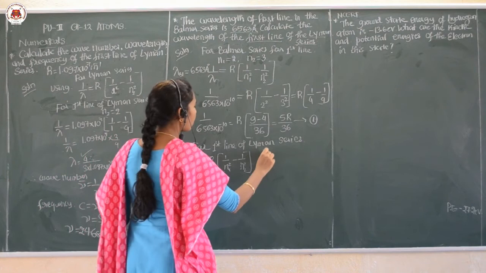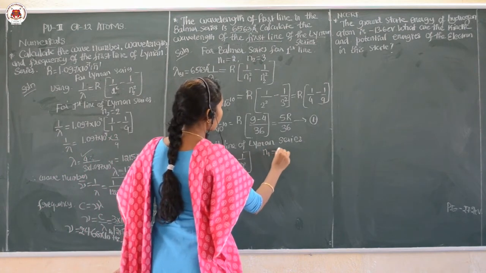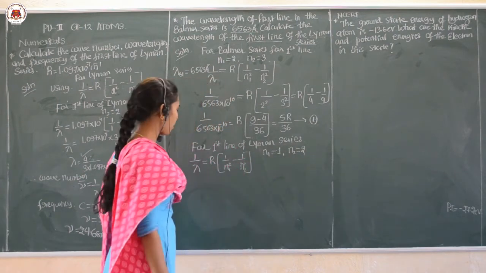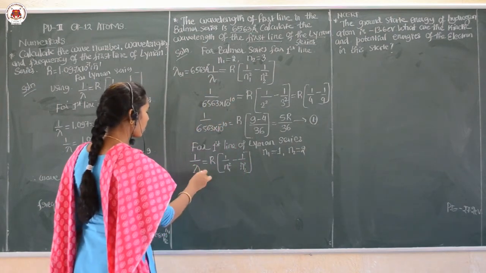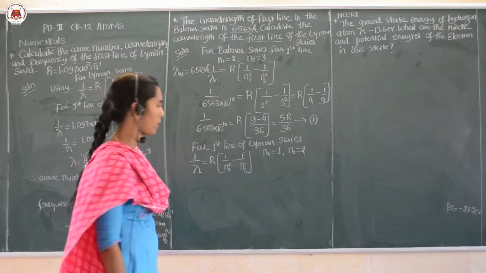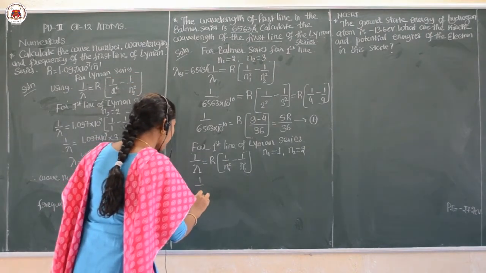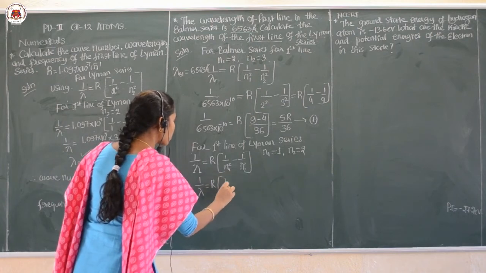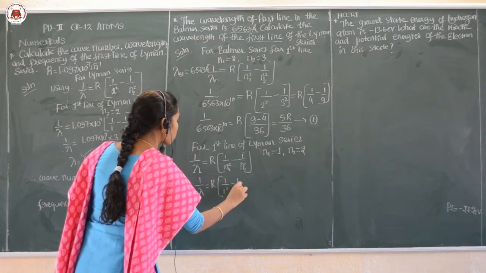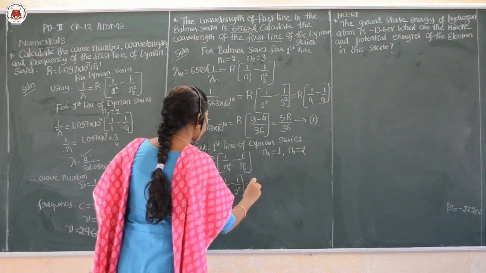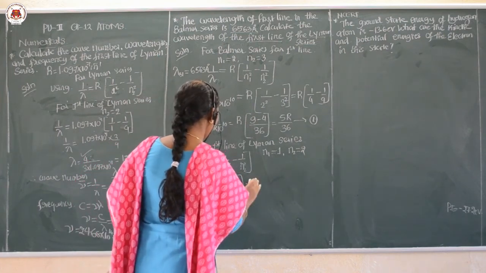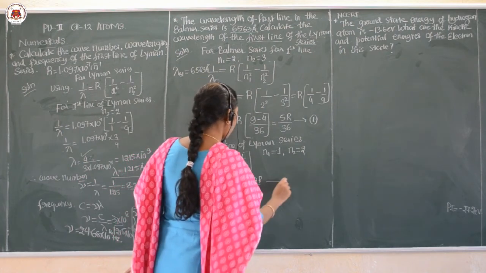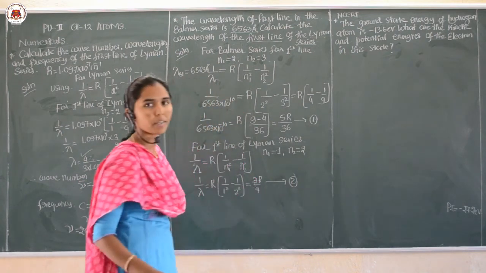So for that we have that Lyman means n1 will be 1 and first line means n2 will be 2 here. Okay. And here this wavelength only we need to calculate. Then write down 1 by lambda is equal to R into 1 by 1 square minus 1 by 2 square. Then after the simplification we get 3R by 4 here. Call it equation number 2 here, right.